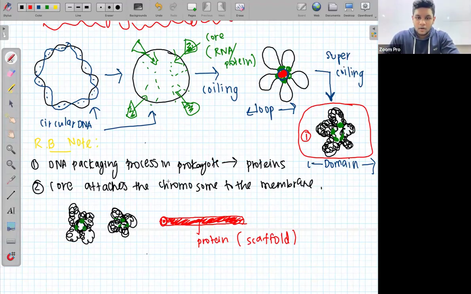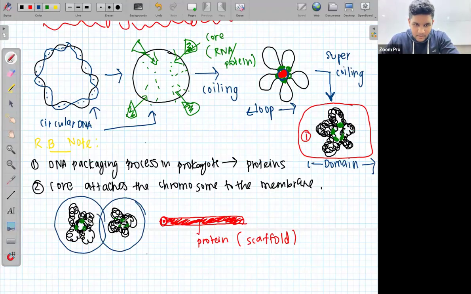So right now, if you take this protein, these supercoiled DNAs that are present will be moving within this. Can you connect it? How would it look?